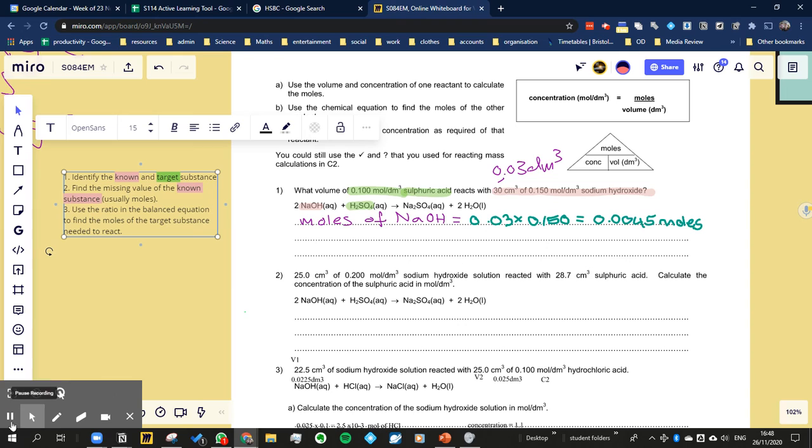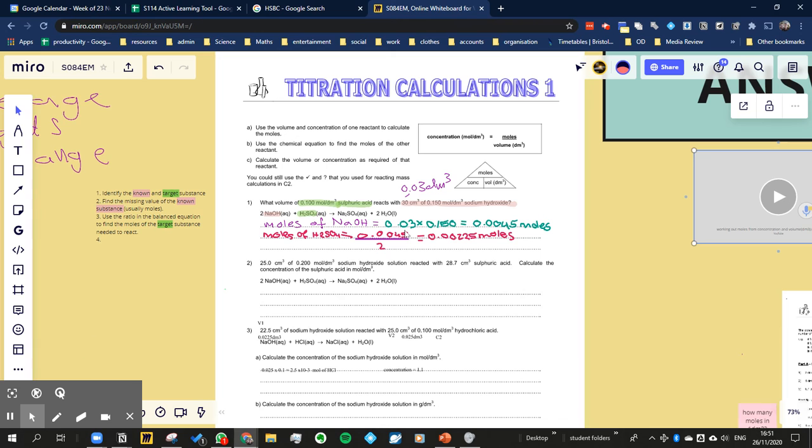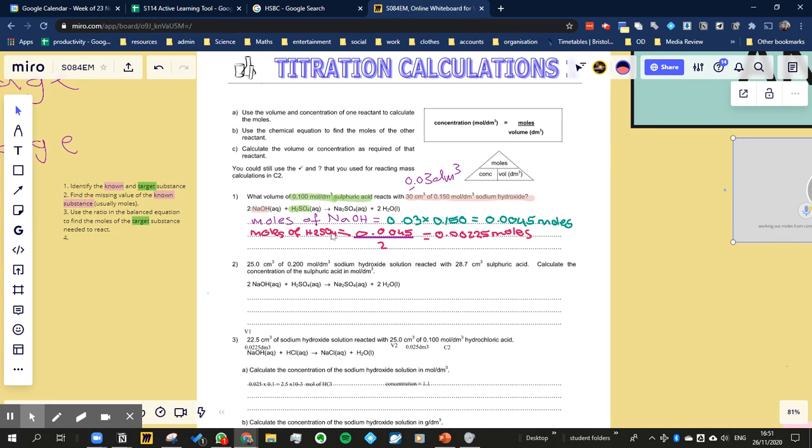Okay. Right, good. So in this case, because it's 2 to 1, we've looked at the equation already and we've seen that it's 2 to 1. Because we've got that many, it's going to be half as many. So we can identify that as going to be half as many moles needed for the sulfuric acid. We've identified the number of moles needed to react with that other one because we used a ratio.